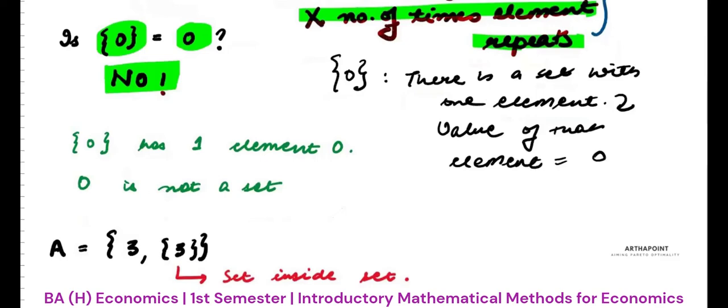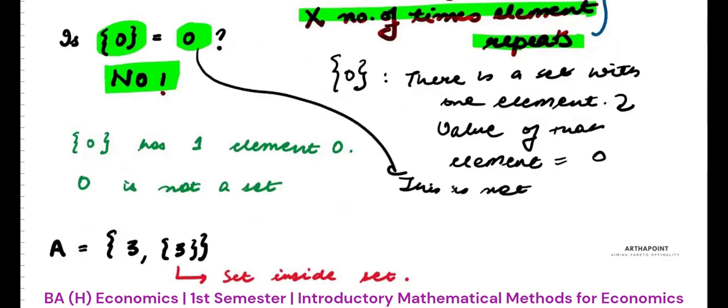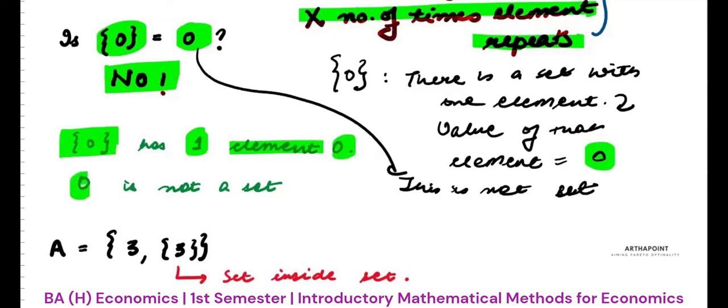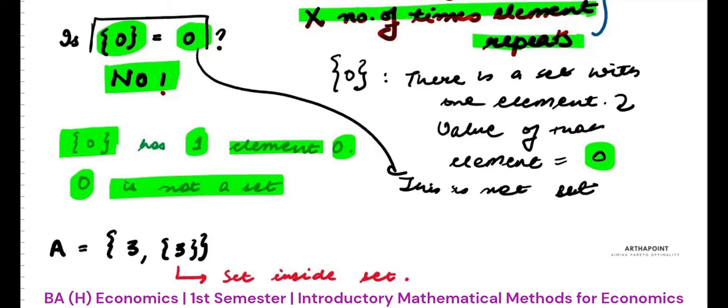Whereas the second one is not a set, because it is not in curly brackets. So although the first represents a set with one element, the element 0, the second 0 is actually not a set in itself. Therefore, these two are not equal to each other.